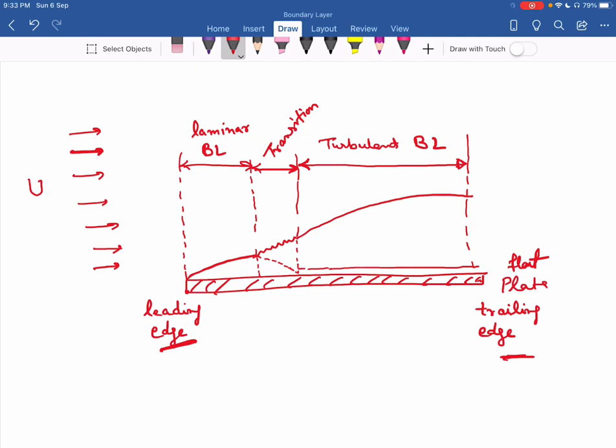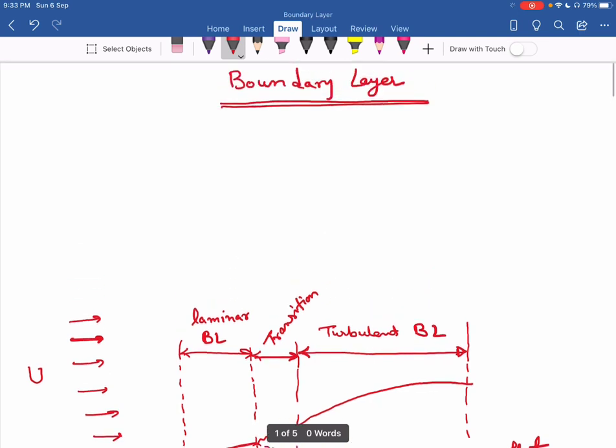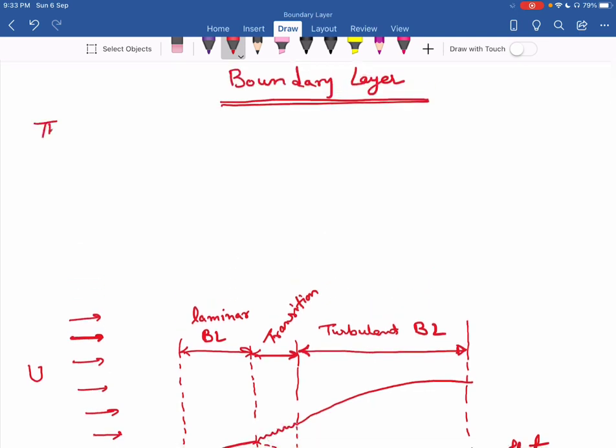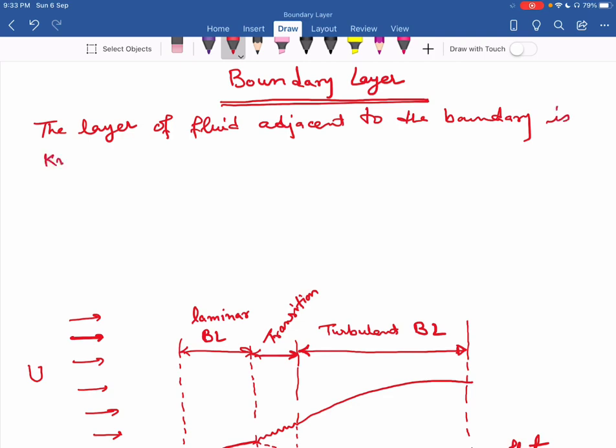Now if I try to define the boundary layer, the definition is something like this: the layer of fluid adjacent to the boundary is known as the boundary layer.